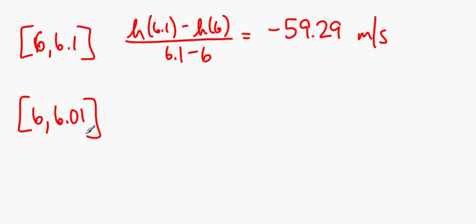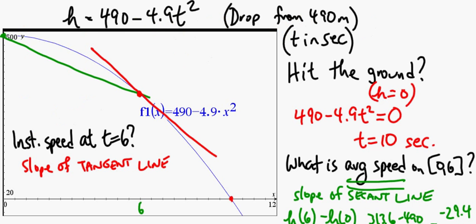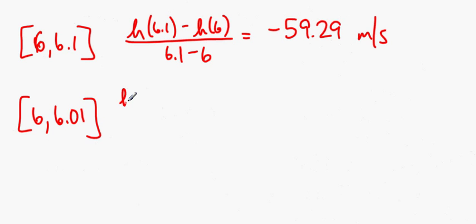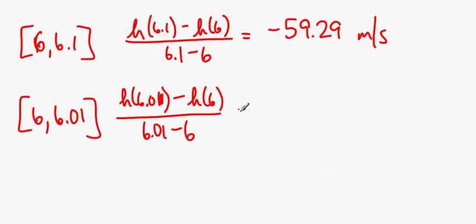Let's look at the subinterval from 6 to 6.01. Again, 6.01 would put you really, really close to the red dot, and you would imagine that the slope between 6 and 6.01 would be really close to the slope of the tangent line. And so we would figure out the height at 6.01 using our graphing calculator, minus the height at 6 over 6.01 minus 6.